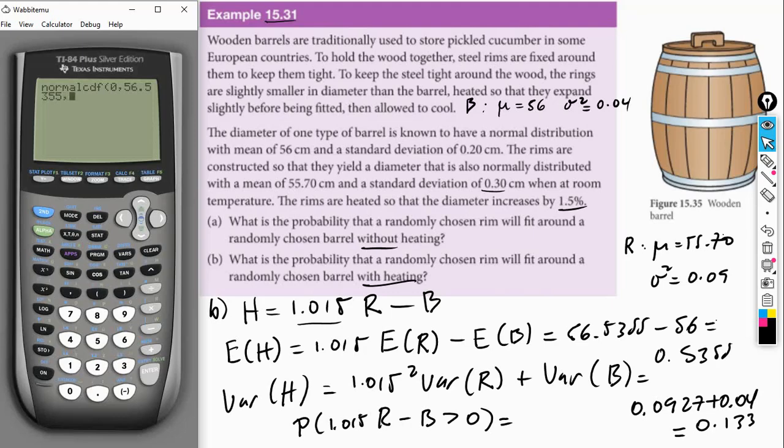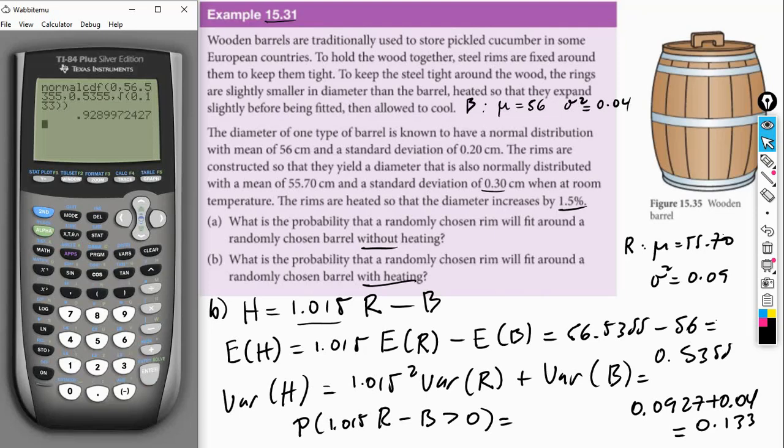Then we need the mean, which is 0.5355, and we need the standard deviation. So that means the square root of the variance, which we found was 0.133.